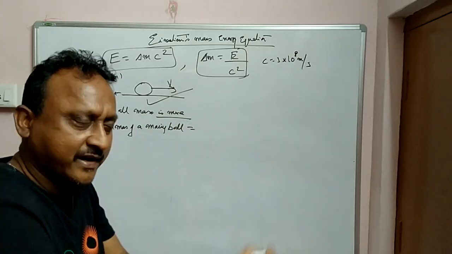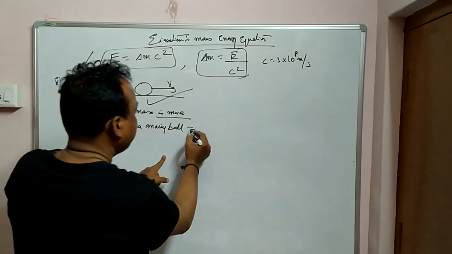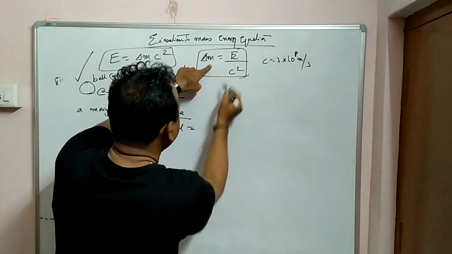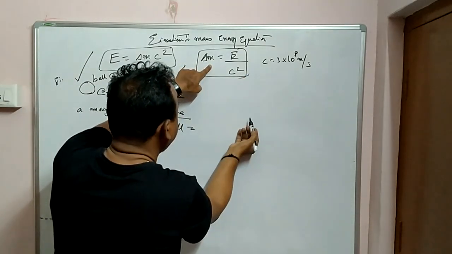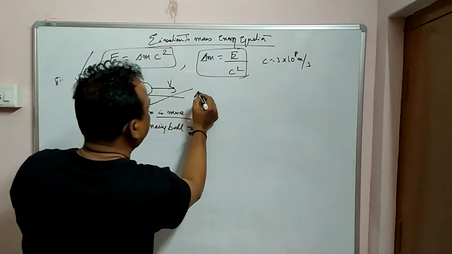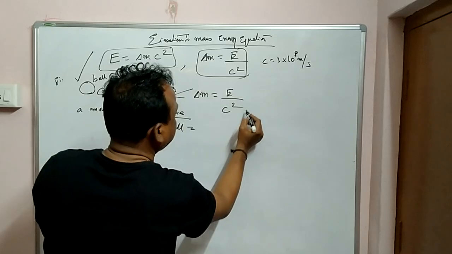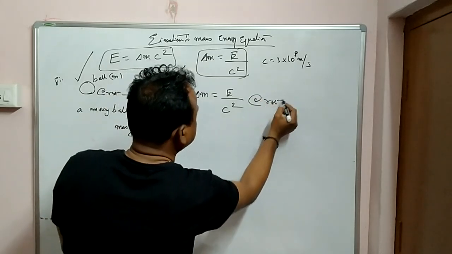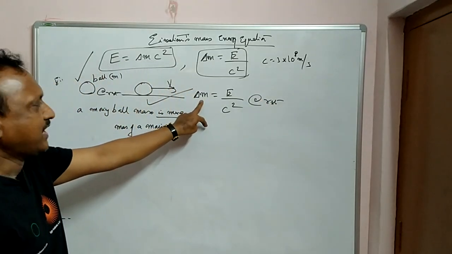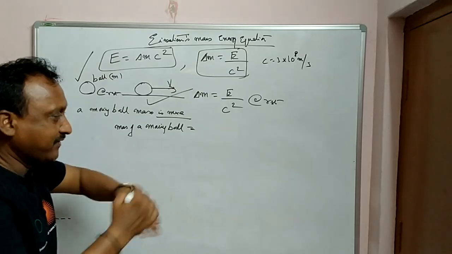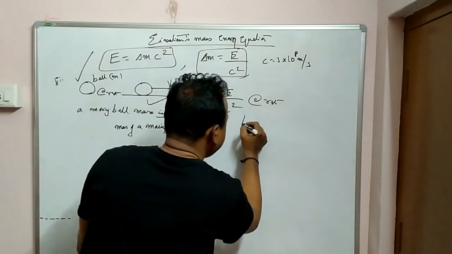When the ball is moving, it will be having kinetic energy. So according to this equation, what is the extra mass it is gaining? Generally, the mass of the ball at rest is given by E by c square. But when the ball is moving, what happens?